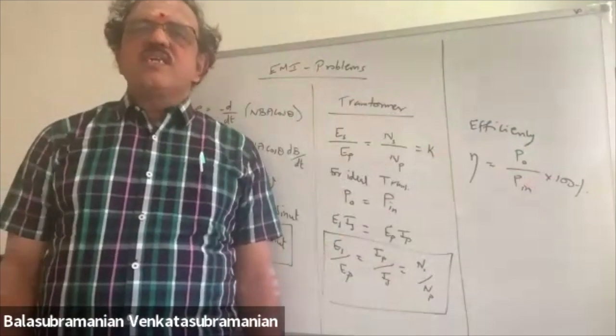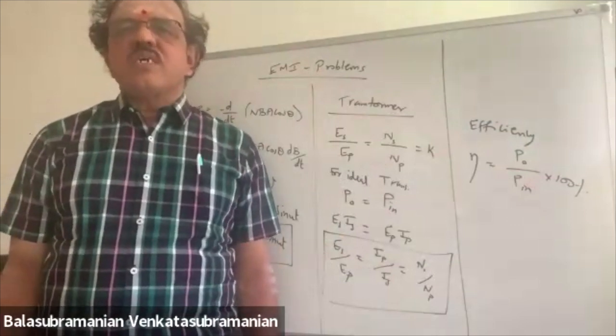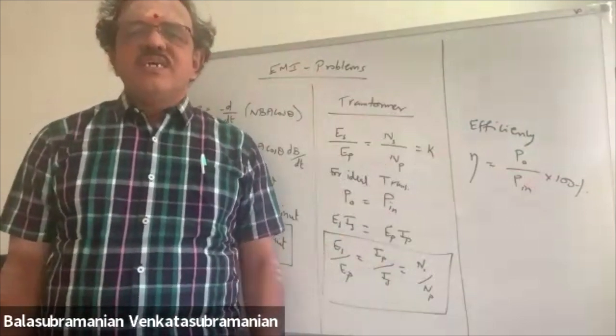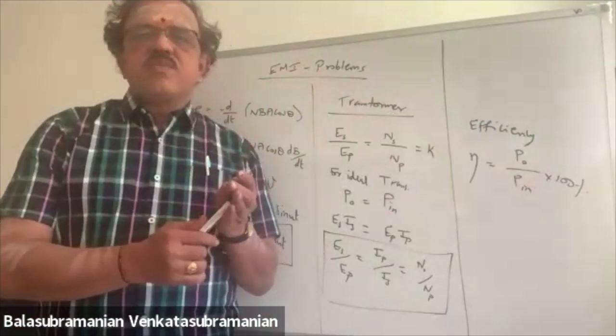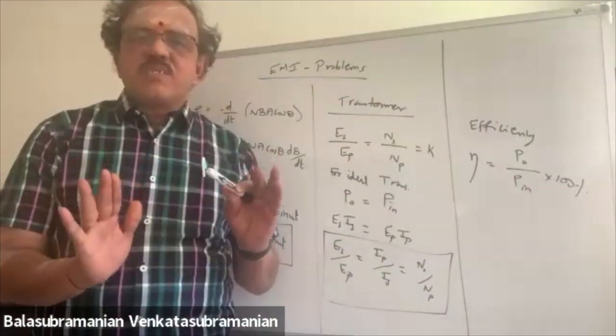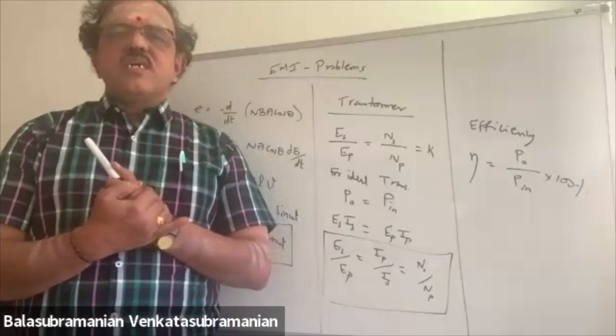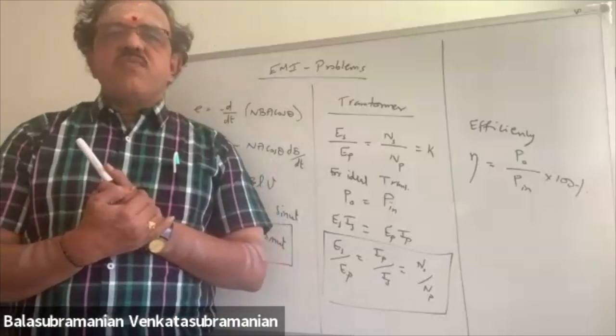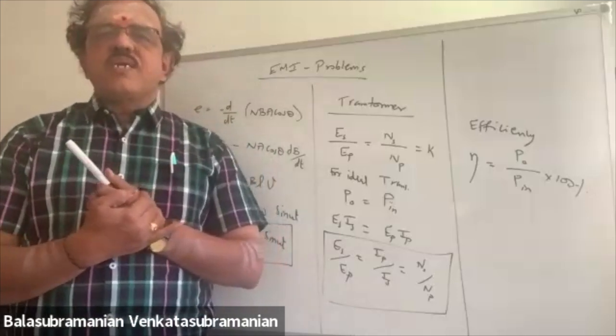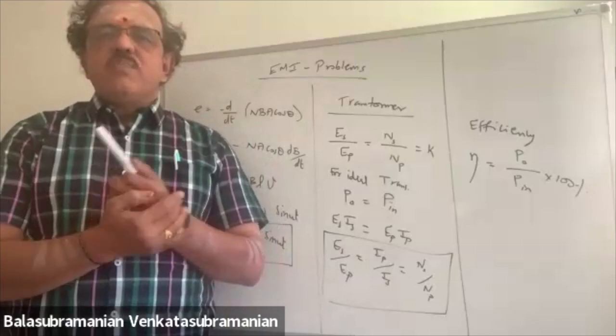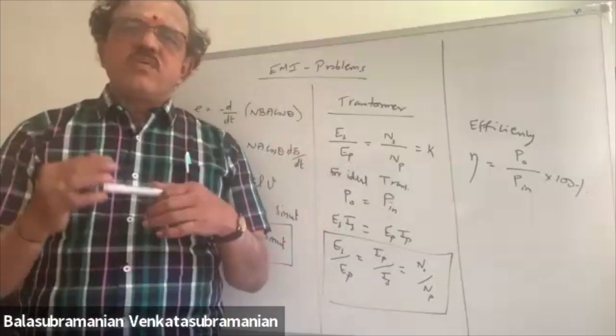For all other cases, transformer efficiency is always less than 1 or less than 100%. Okay, so these are the theory or information we have seen in electromagnetic induction. Now, based on this, we'll work out the problems.